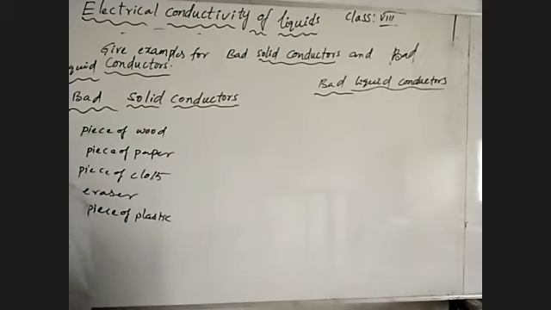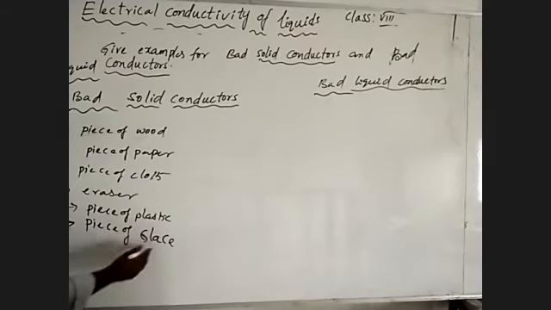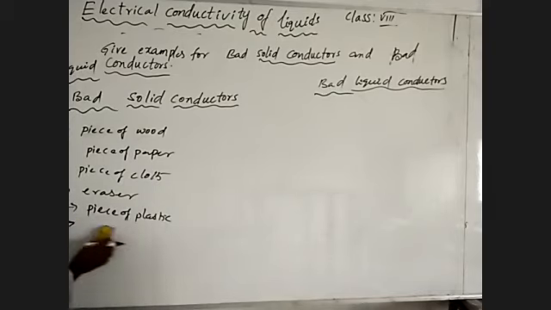And also what we can write for bad conductors? Can you answer for that? Which you can write: a piece of glass. Otherwise, glass bangle.